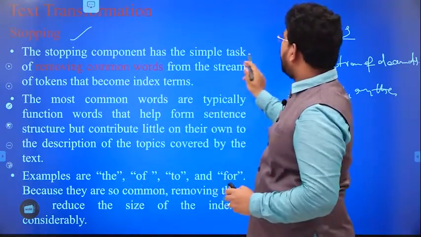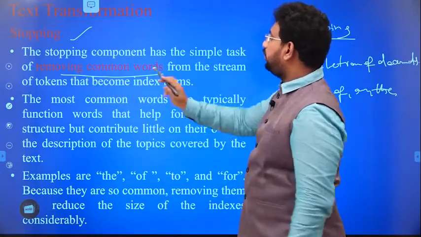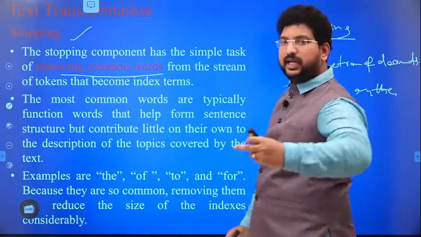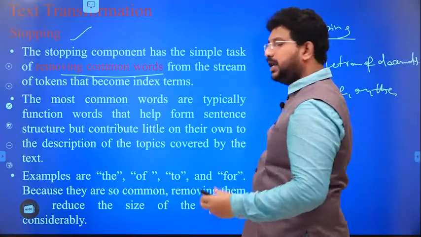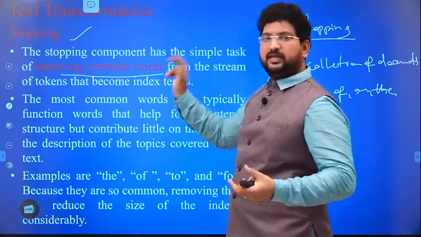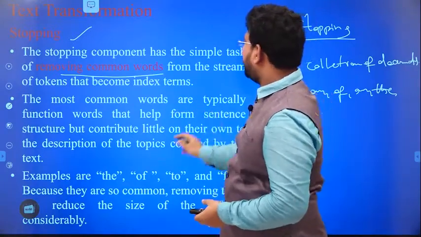The stopping component has the simple task of removing common words from the stream of tokens that become index terms. So the index terms are identified, and those common words will be removed. That is what we simply call stopping. The most common words are typically the function words.